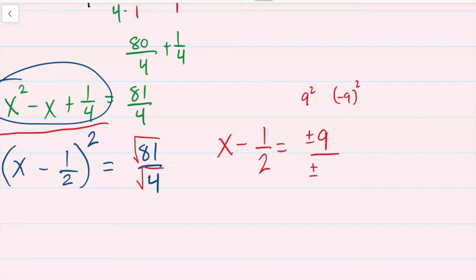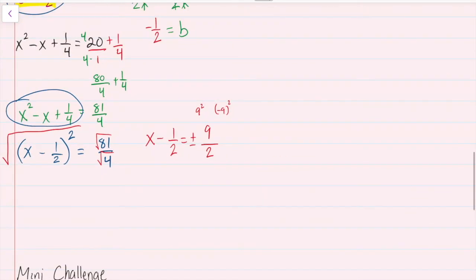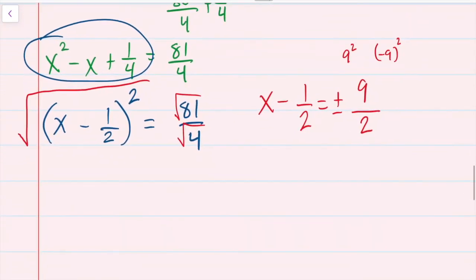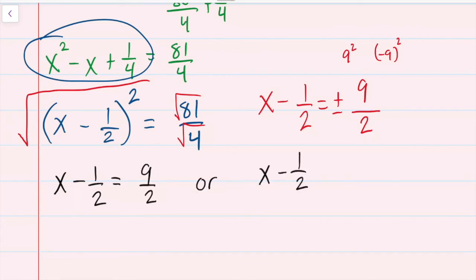Same thing, plus or minus 2. Now, because we have two possible options, we're actually talking about plus or minus 9/2. So we have two different problems we could work on. Let's write both of them. x minus 1/2 is equal to 9/2, or x minus 1/2 is equal to negative 9/2.